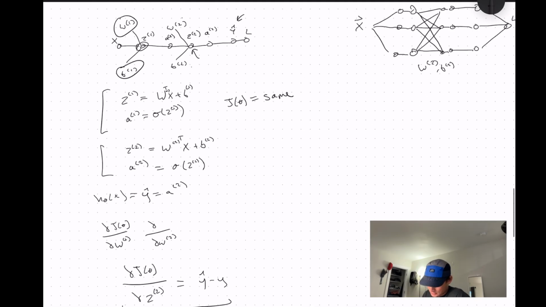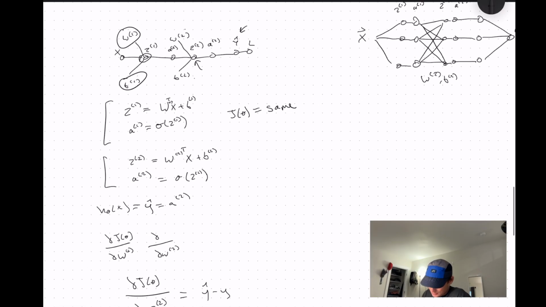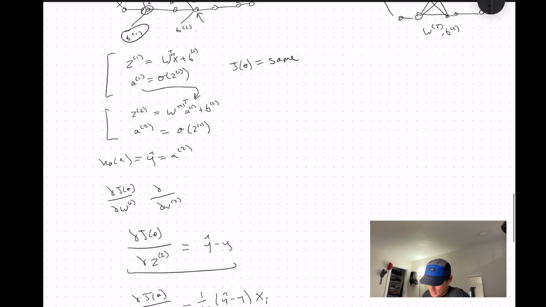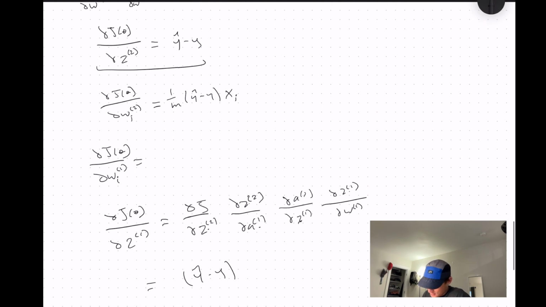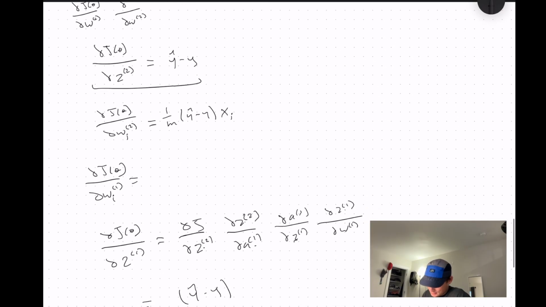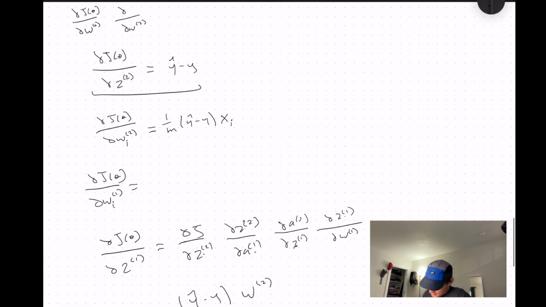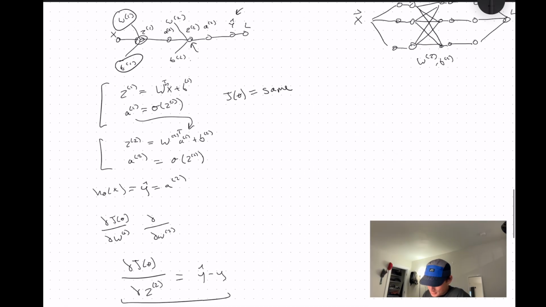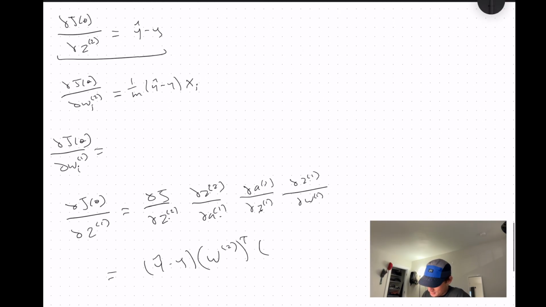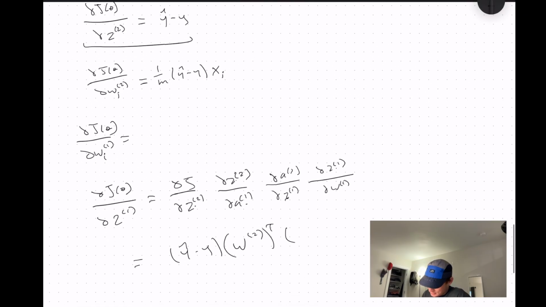And then dZ2, dA1. You can see that this becomes the input to that. The output of that becomes input of the Z. Great, so dZ2, dA1 is like W something. I think there's a transpose, but we'll see. You have to make sure the shapes line up, which is another hard thing to do.